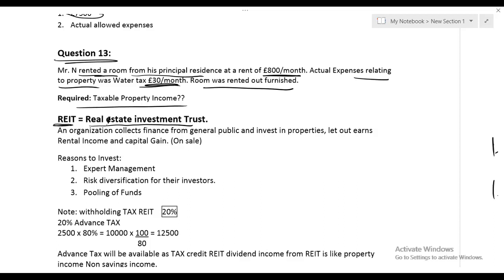Another concept. Whatever you are getting from a real estate investment trust, that amount will be net of 20% tax. Question: what do you mean by net of 20% tax? Basically, the dividend which comes into your bank account from the real estate investment trust is actually 80%. 20% tax is already deducted at source.